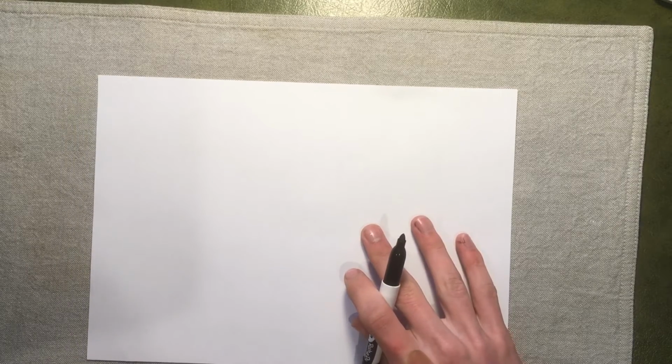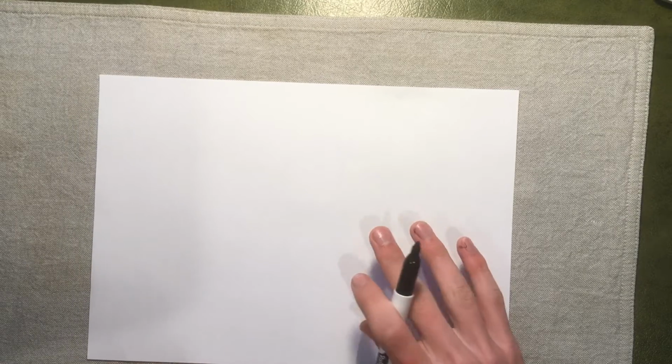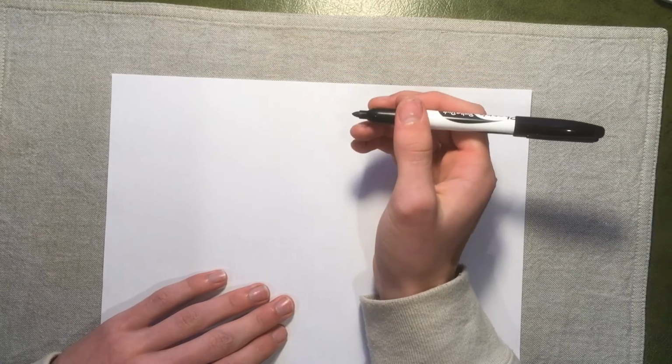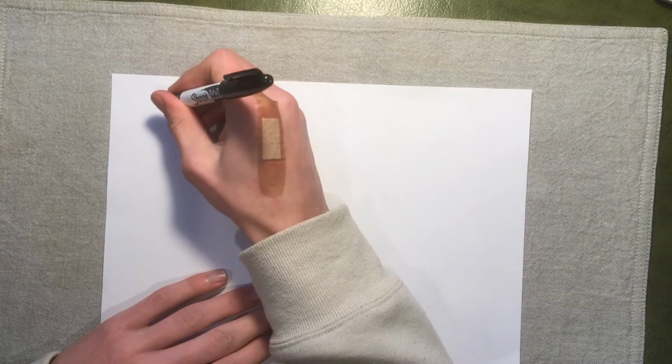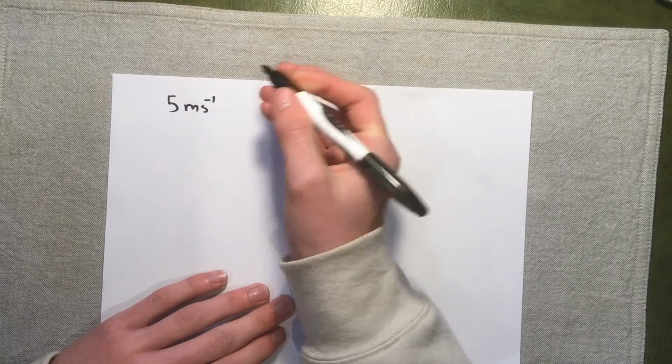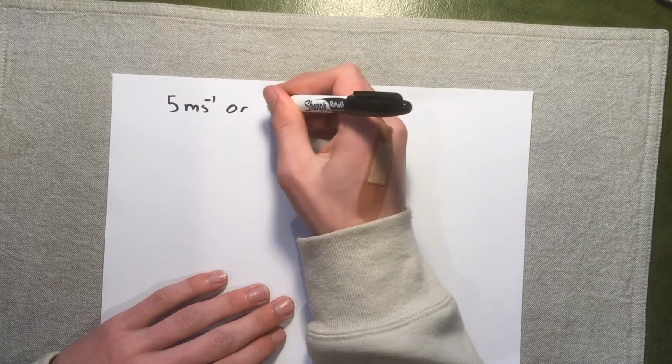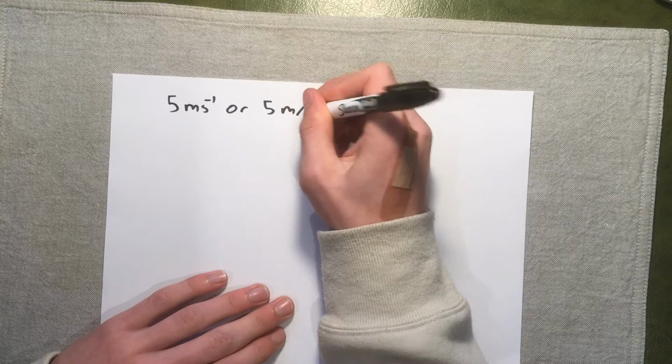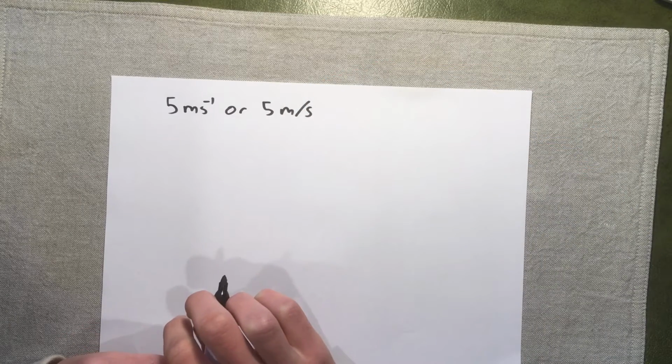One of the more common examples seen in maths and physics in particular is the idea of speed, or velocity. In a question, you might be given something like 5 meters per second. This is just another way of writing it like that. It's the same thing. So what's the first step?